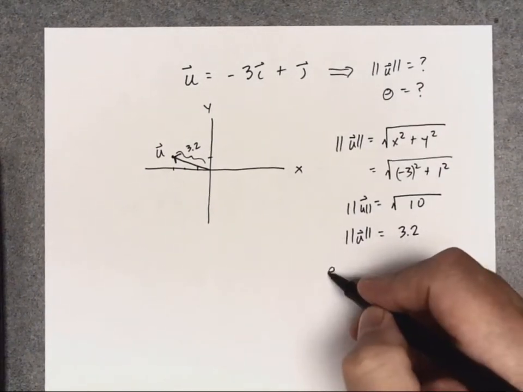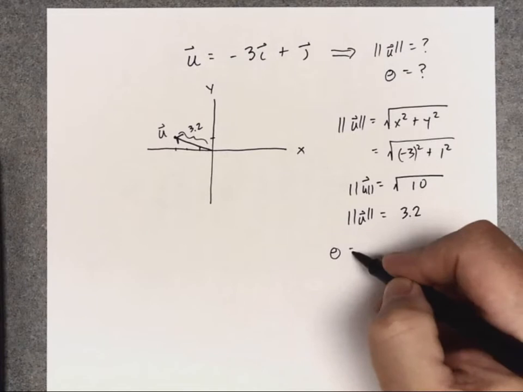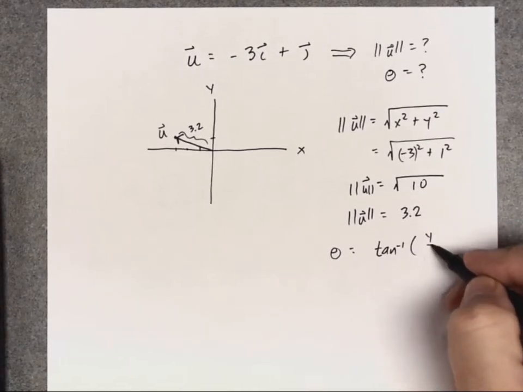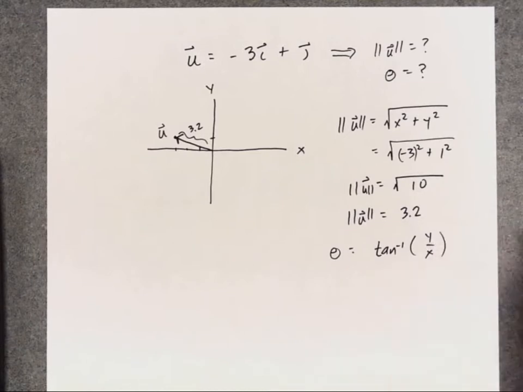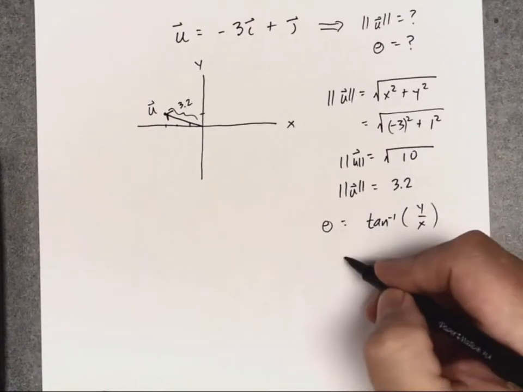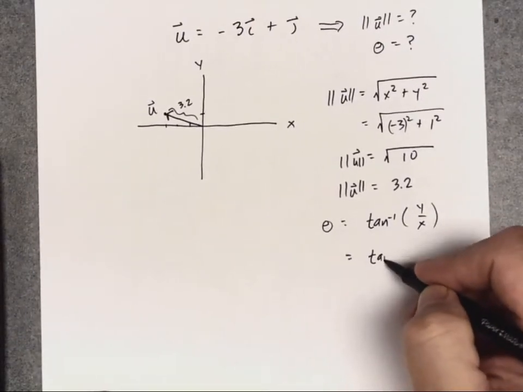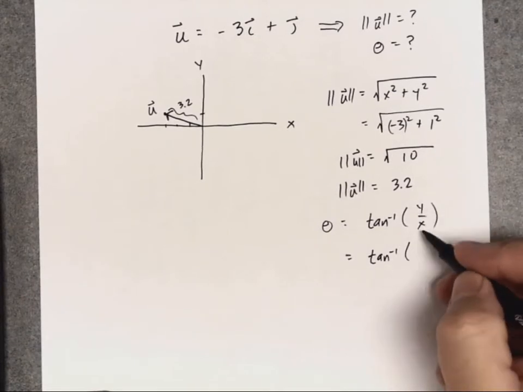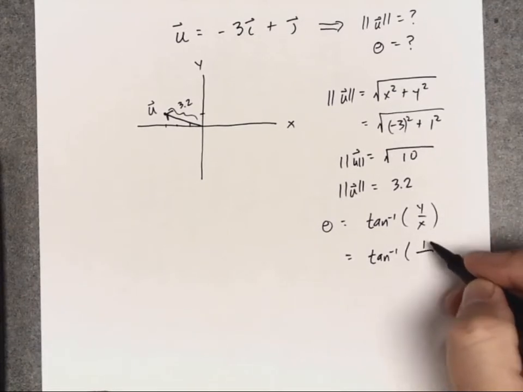Now the formula for the angle or the direction is the inverse tangent of y over x, where y is the j part and x is the i part. So the j part is 1. The x part is negative 3.